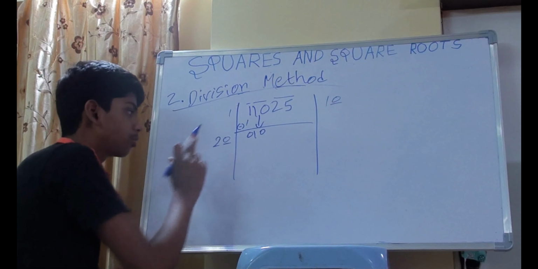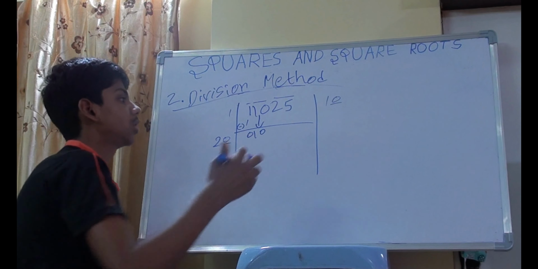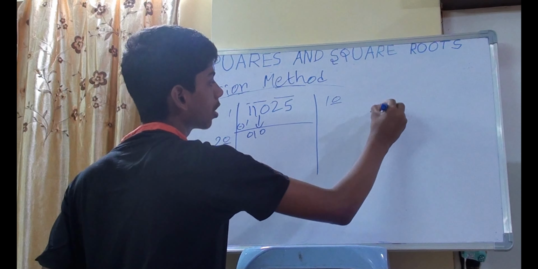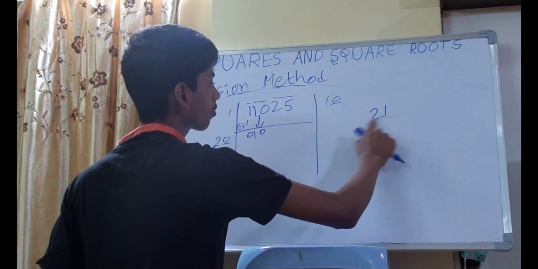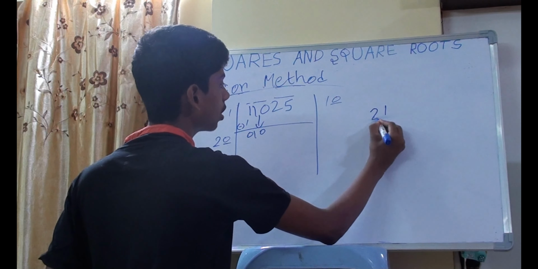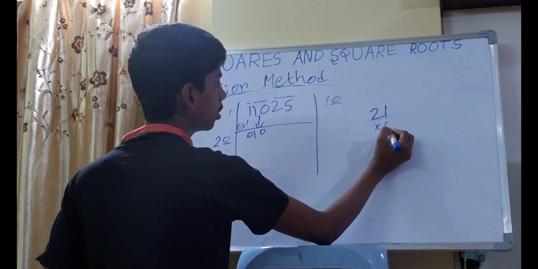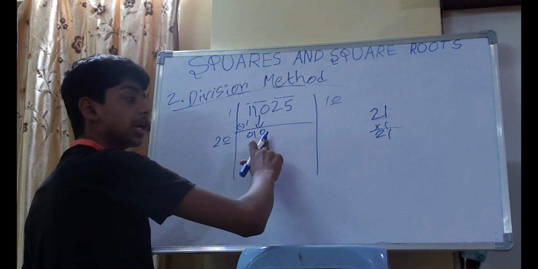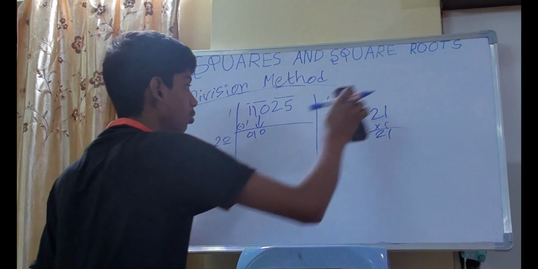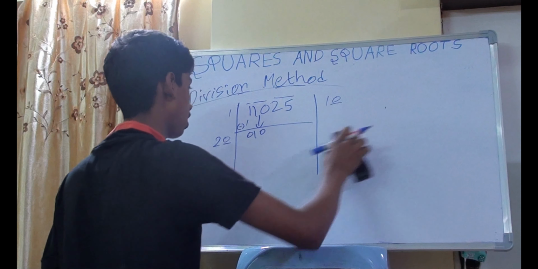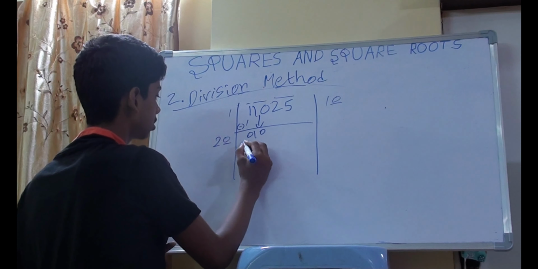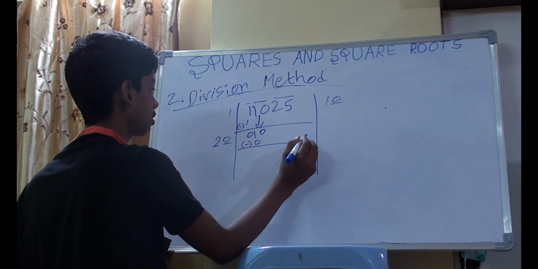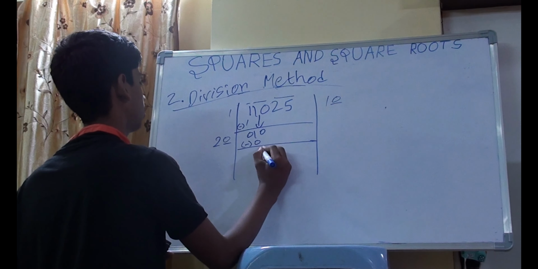Here we got 0 because even if you keep the smallest number 1, 21 times 1 equals still 21. 21 is greater than 10, so it doesn't work. So we keep it as 0. Then we subtract 0 from this value and we get 10.